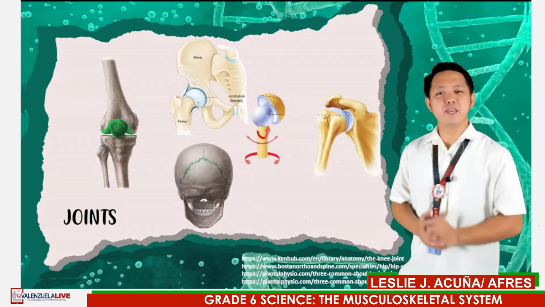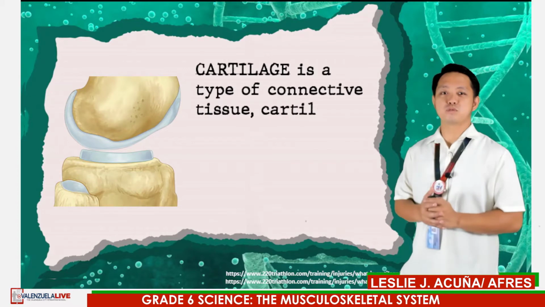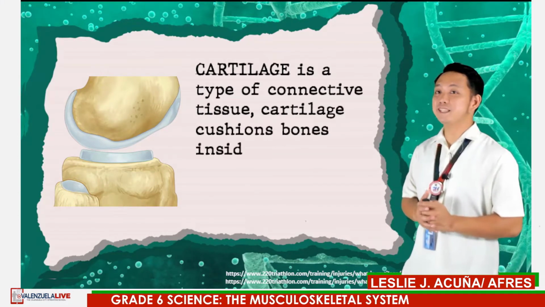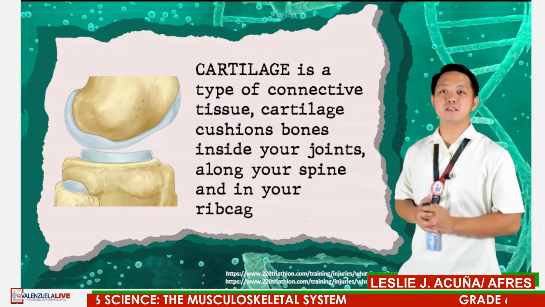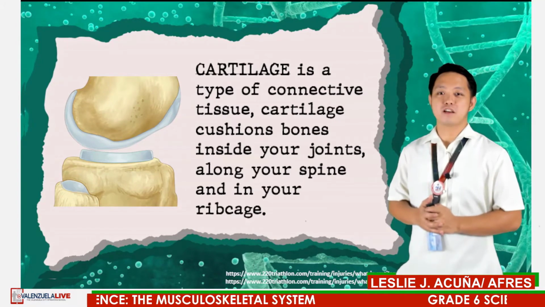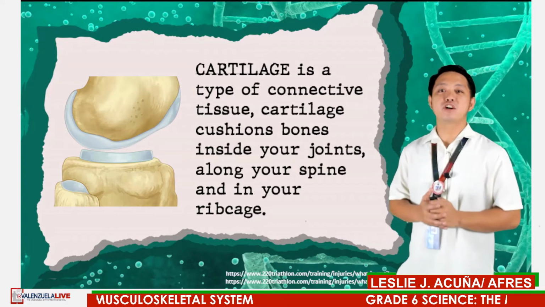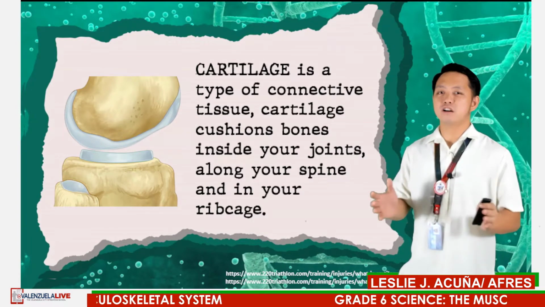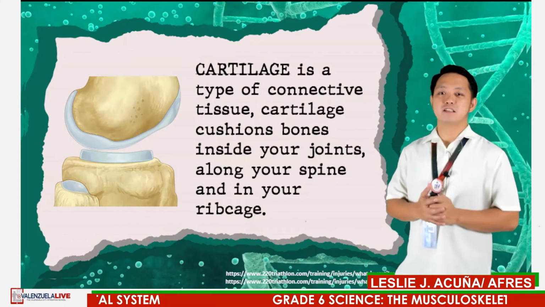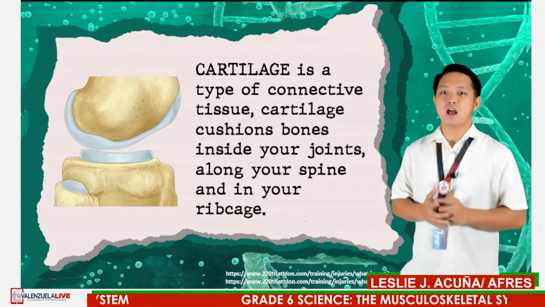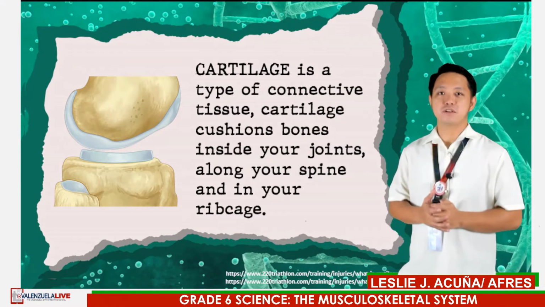In order to make movement easier, the ends of the bones are covered with cartilage, with fluid in the space between them. Cartilage is a type of connective tissue. Cartilage cushions bones inside your joints, along your spine and in your rib cage.